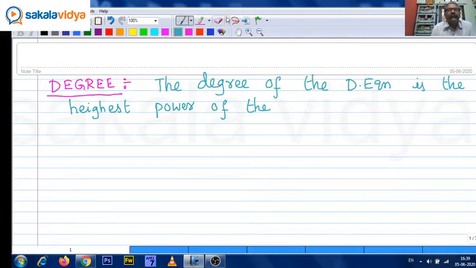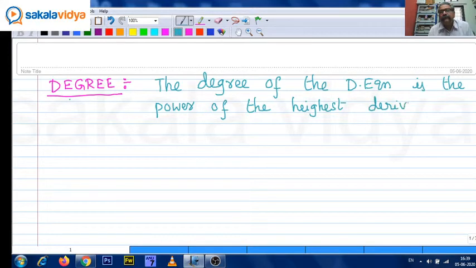power of the highest derivative involved in the differential equation.